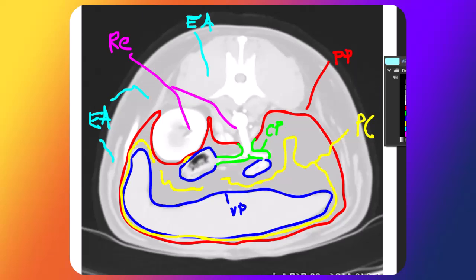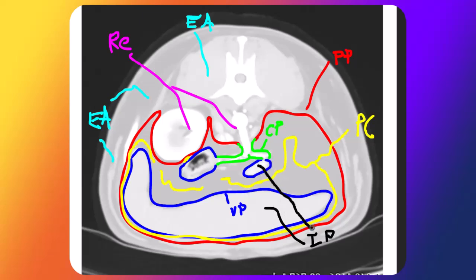Another space you should be aware of is the intraperitoneal. So inside these organs would be intraperitoneal space. And by definition, intraperitoneal is an organ, the inside area of an organ or its cavities that are suspended by two sheets of connecting peritoneum.